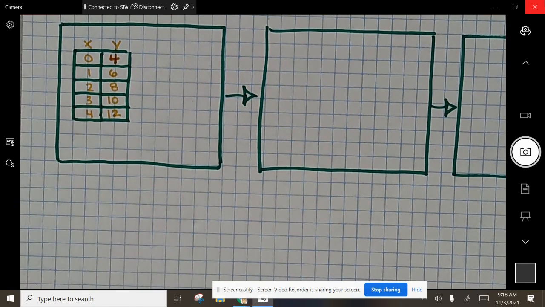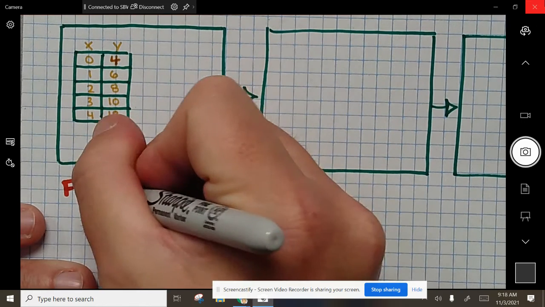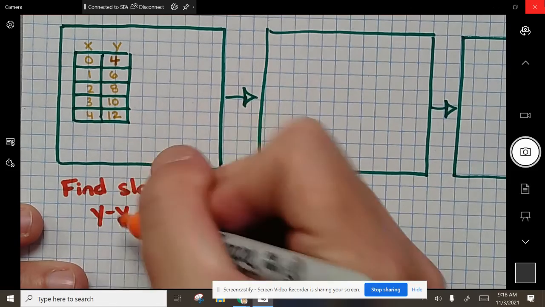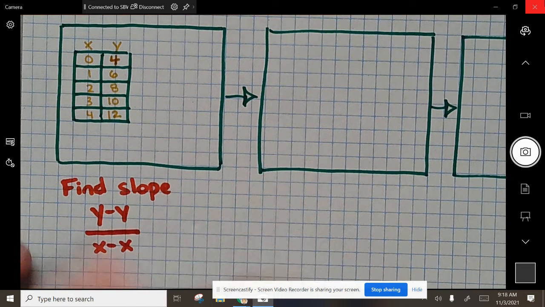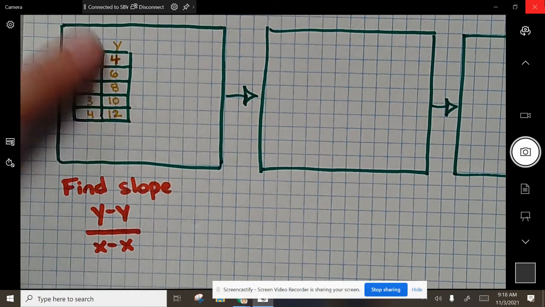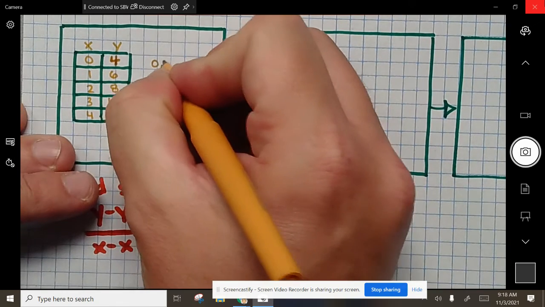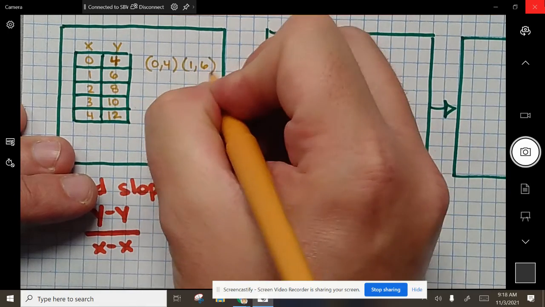You're going to go ahead and find the slope. All right, so y minus y over x minus x. The thing is, here you have a lot to work with, so you can choose any numbers you want. I'm going to go 0, 4, 1, 6.